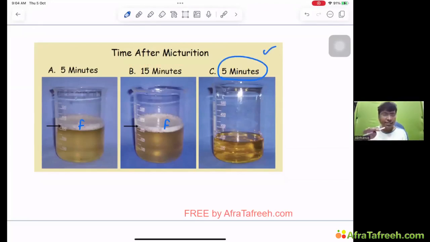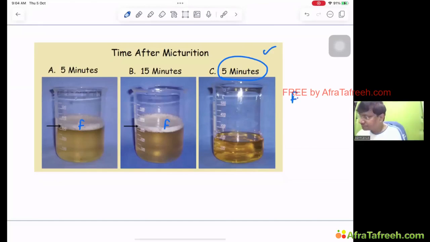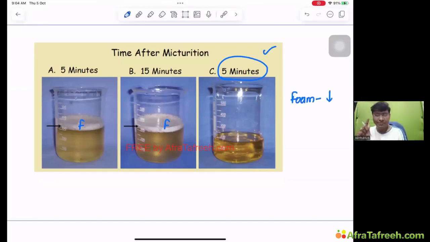Initially you are observing the froth. Initially there is presence of foam. If that particular foam disappears within 5 minutes, then that is considered to be a normal urine sample.